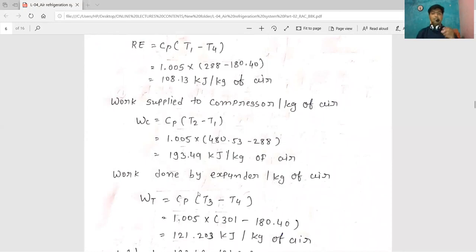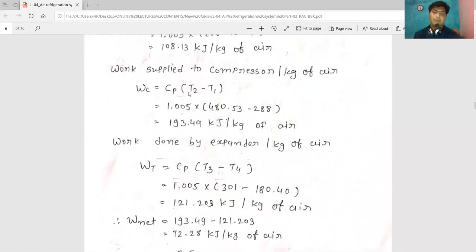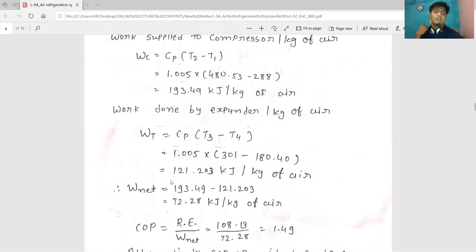We get some work from the expander, the work of turbine, also called WE or WT. The work of turbine is Cp times T3 minus T4. Everywhere the mass of air is taken as 1 kg, because the answers are per kg of air. So the work of turbine is 121.203 kilojoule per kg of air.